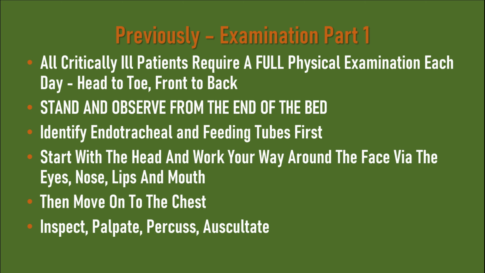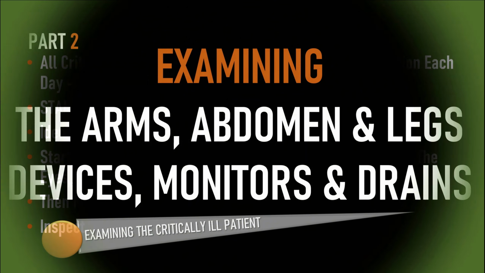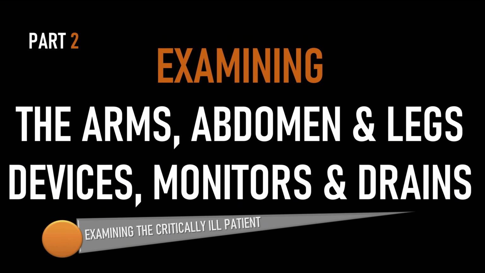Then you move on to the chest and follow the standard paradigm of clinical examination, which is inspection, palpation, percussion, and auscultation. In this tutorial, we're going to look at examining the arms, abdomen, legs, and skin, and evaluating the information from devices, monitors, and drains.